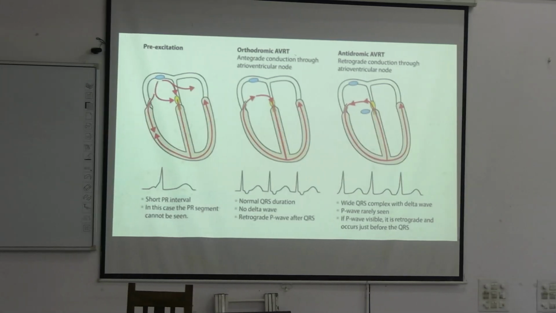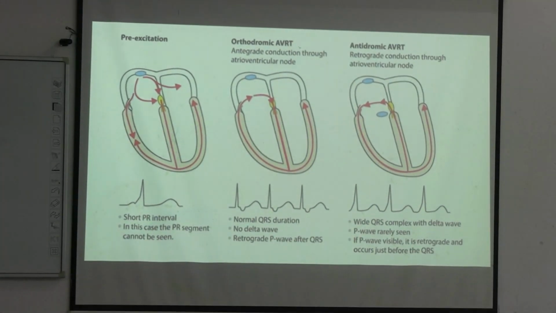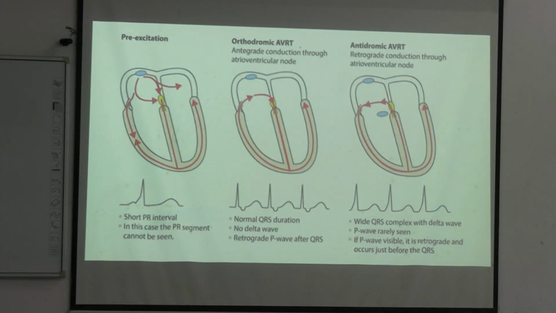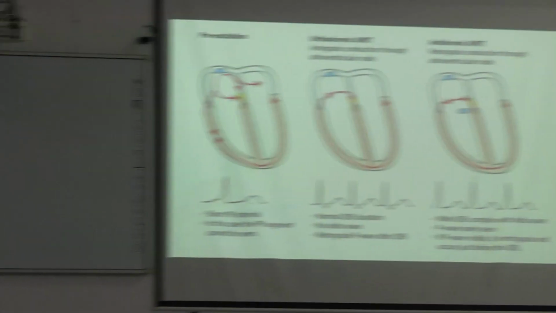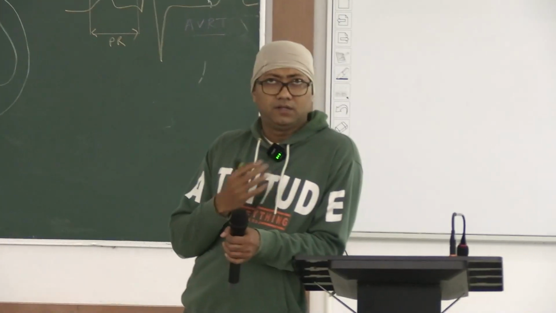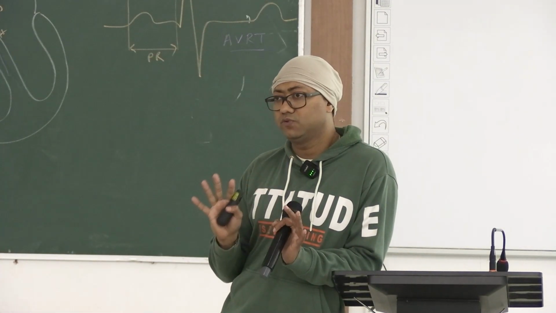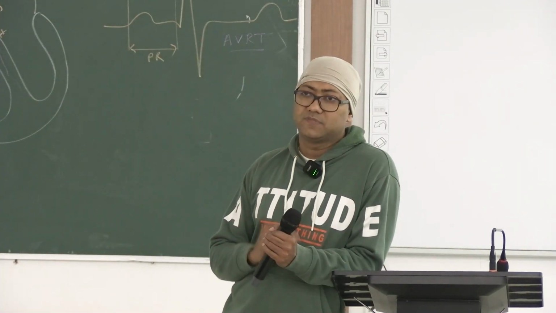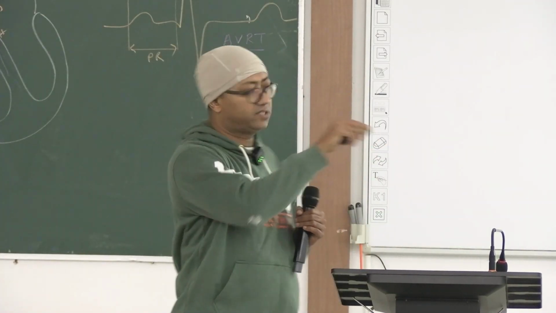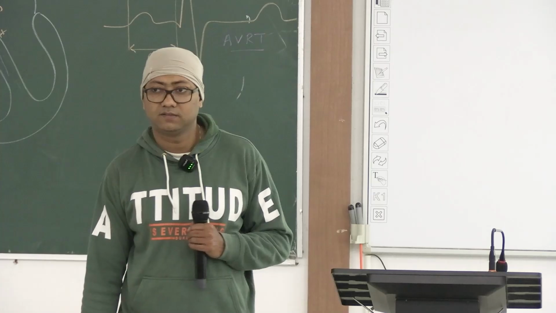Okay, antidromic AVRT, where QRS complex is wide with presence of delta wave, right? P wave is usually not seen, right? And here adenosine is contraindicated, यहाँ पर adenosine देना नहीं है, vagal maneuver भी करना नहीं है, ठीक है? It is frequently confused with VT, ventricular tachycardia. Anyway, these details of treatment you don't require right now, okay? Just remember this is much more serious condition, okay?